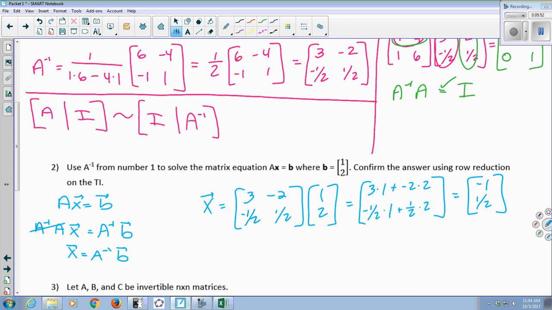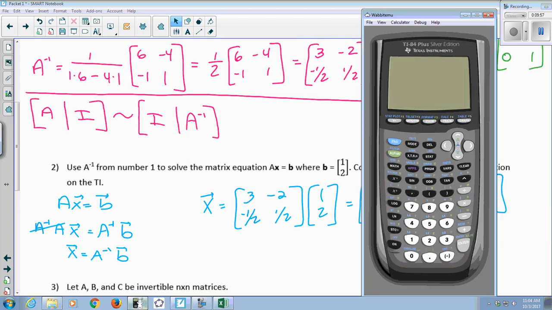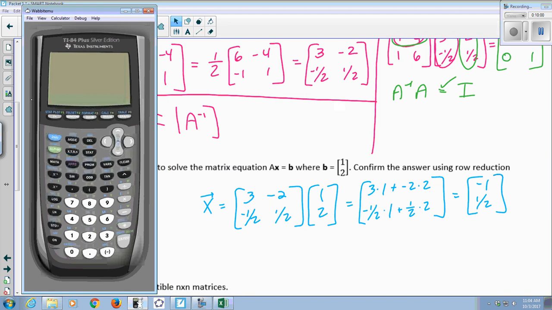And then we're supposed to confirm by row reducing on the TI. So I'm just going to pull up my calculator and go into matrix, edit matrix A so that it's A augmented with [1; 2]. I'm going to make sure I get the same result using our old method. So it's going to be 2 by 3. A is [1, 4; 1, 6], and then I'm augmenting with 1, 2.